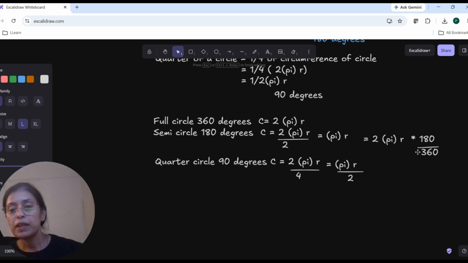This 180 by 360 is 1 by 2. 2 by 2 is 1, and then it becomes pi r.